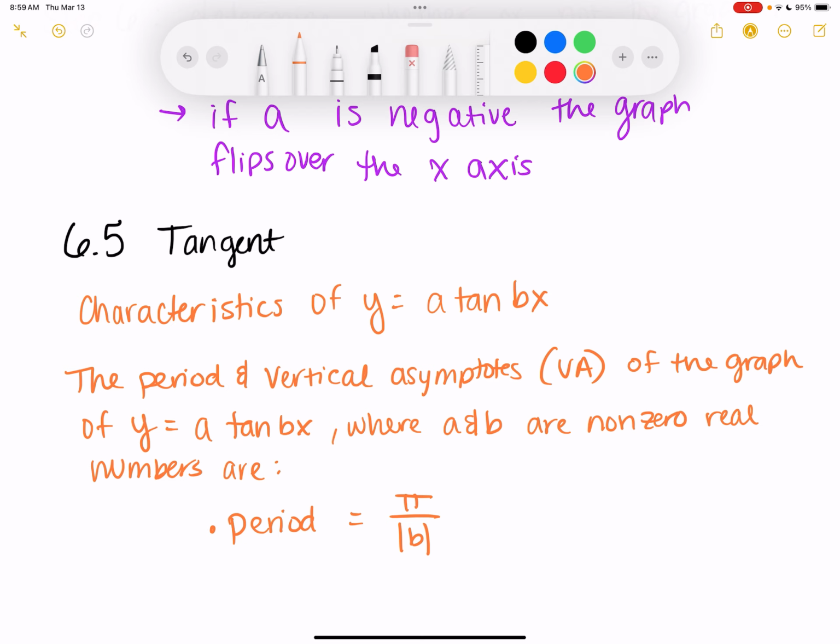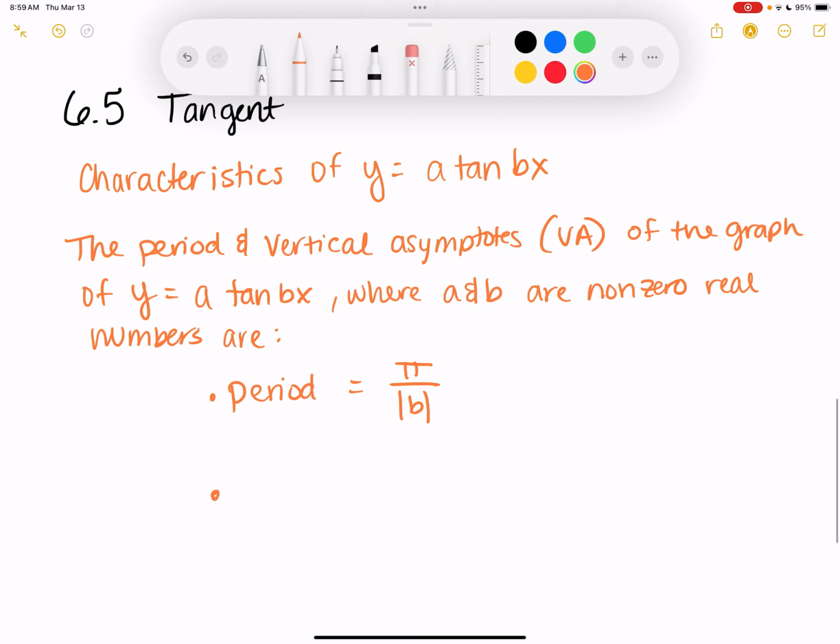And then vertical asymptotes, I'm just abbreviating that, are at odd multiples of pi over 2 times the absolute value of b.